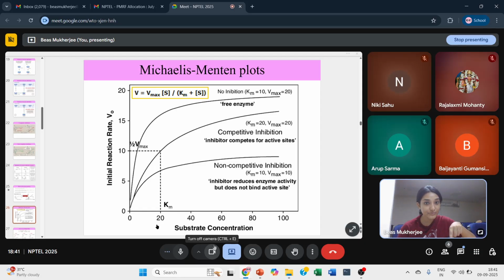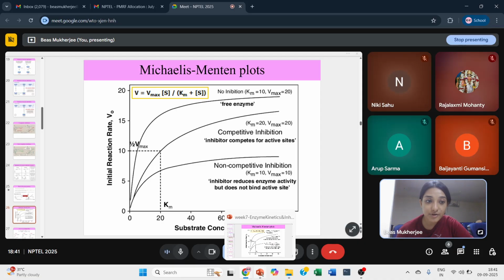Km is going to increase and Vmax is remaining unchanged, right? Then there is non-competitive inhibitor. So Km is unchanged but Vmax is decreasing. The inhibitor reduces enzyme activity but does not bind the active site. So this is how it is going to reduce, right?